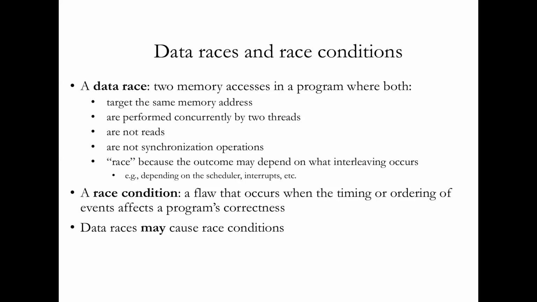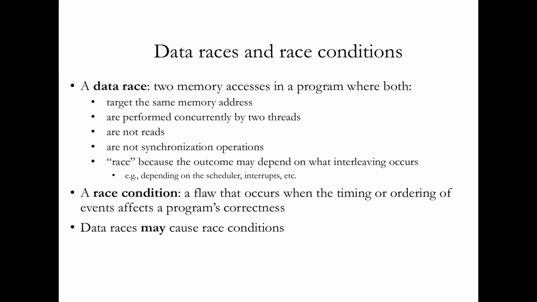Now, a race condition is a flaw in a program that occurs when the timing and ordering of events affect the program's correctness. There is some subtle difference between a data race and a race condition, even though they may look very similar.